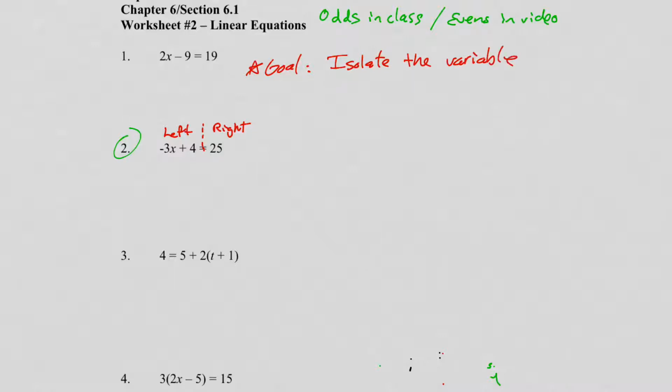Or whatever variable you're trying to solve. So isolate means get by itself, or alone. Okay?